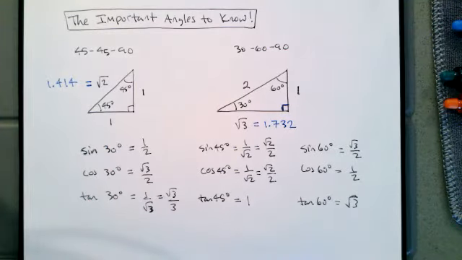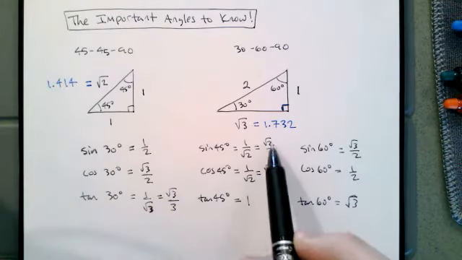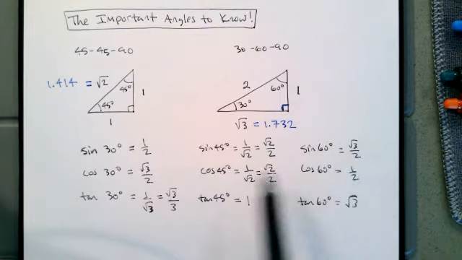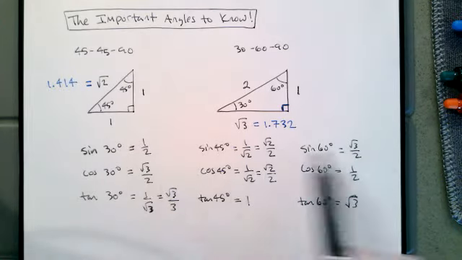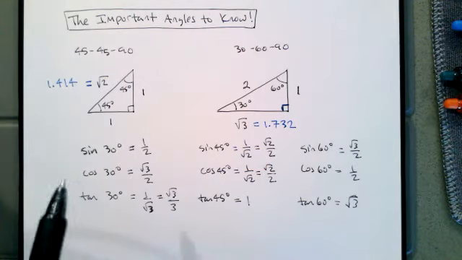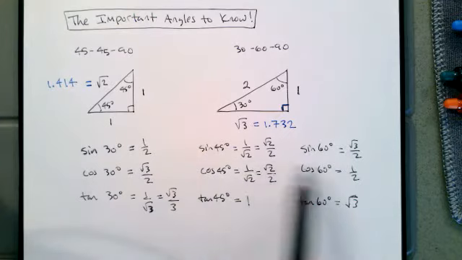I remember that going 30, 45, and 60, it's √1/2, √2/2, and √3/2. I know we don't usually write √1/2, but it makes it a pattern. That's 30, 45, 60 going across the sines. Then I remember how they're related to each other.